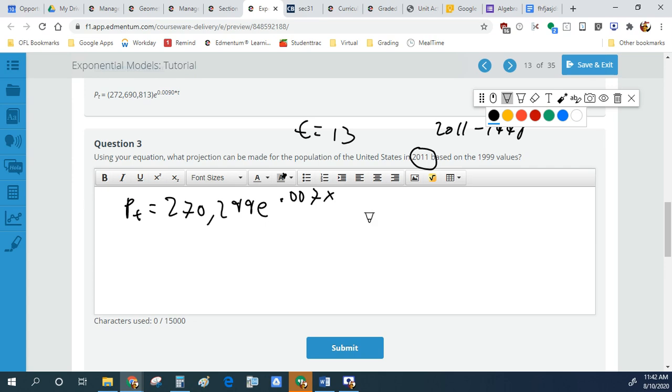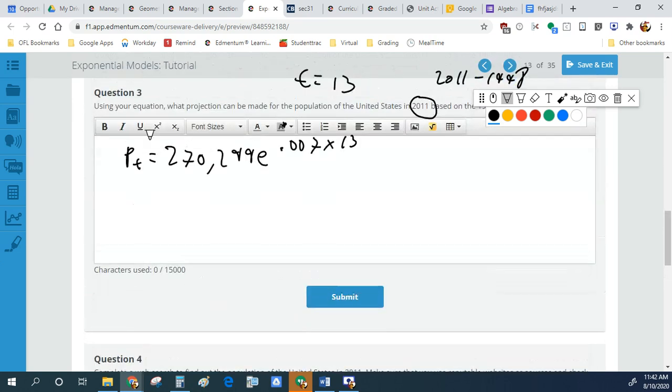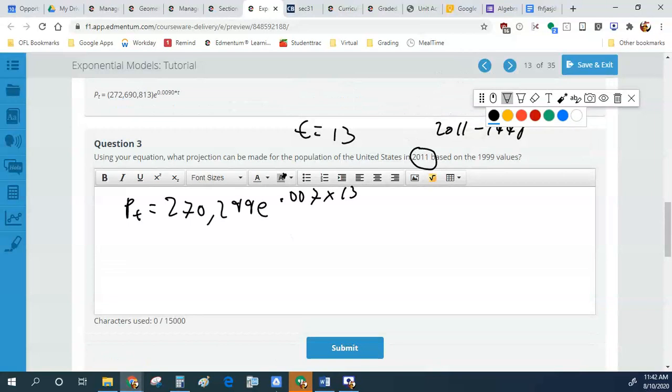And the amount of years is going to be times 13. So using the equation, did they want us to actually figure it out? Yep, they want us to figure it out. So hold up while I pull out the big calculator.